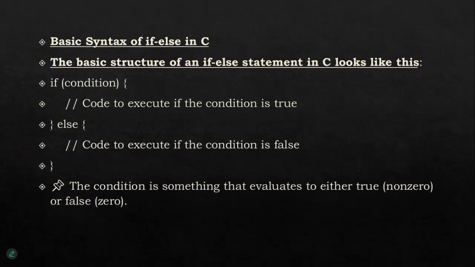The basic syntax of if-else in C. The basic structure of an if-else statement looks like this. There is an if statement and in brackets there is a condition, and the code to execute if the condition is true. If the condition is true, then the if block will be executed. In the else block, if the condition is false, then this block of code will execute.